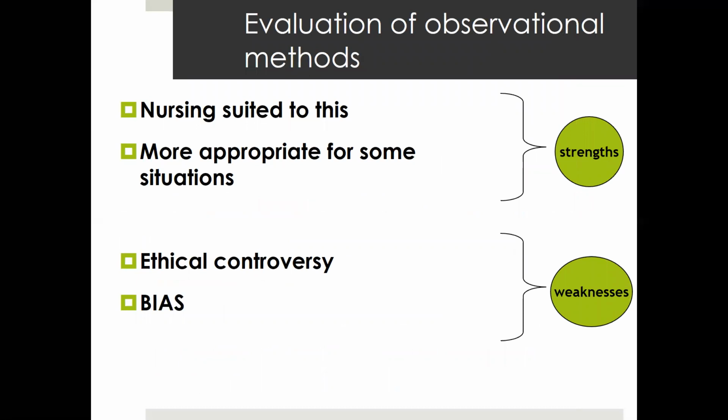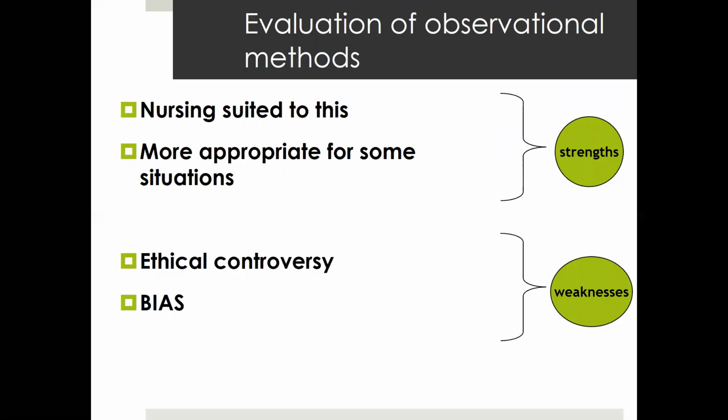So some of the strengths: in nursing, we are observers. That's what we do. We assess situations, we observe, and that is a strength of this method. In many situations, this is a very appropriate form of research, but there can be ethical controversies.